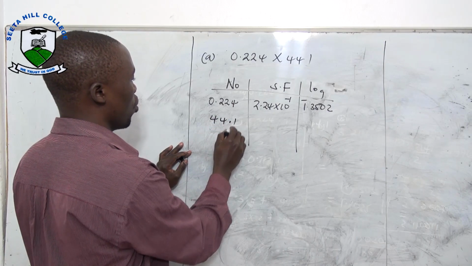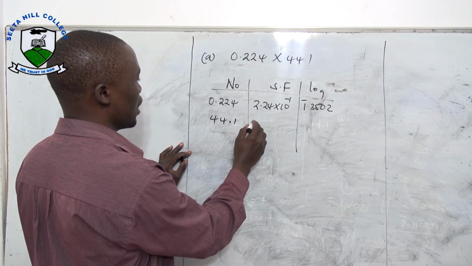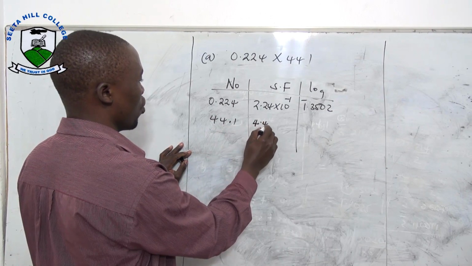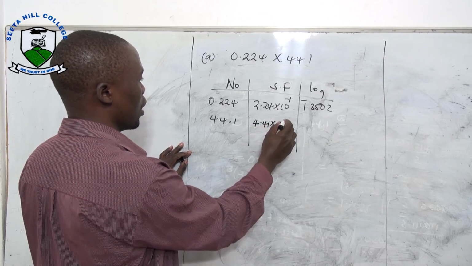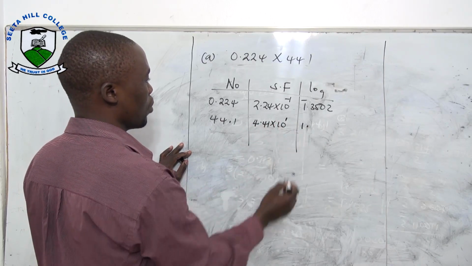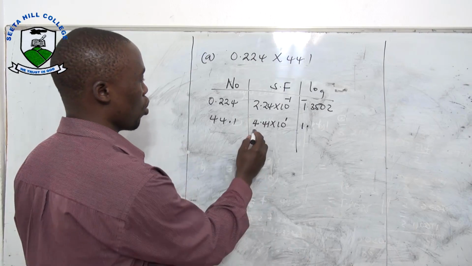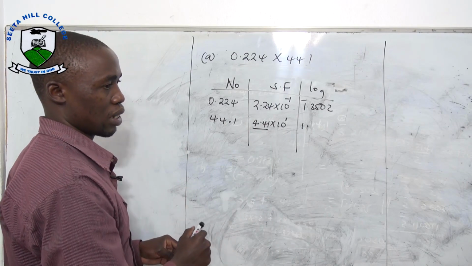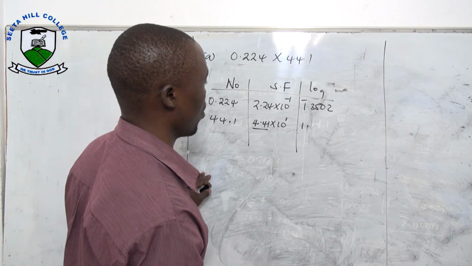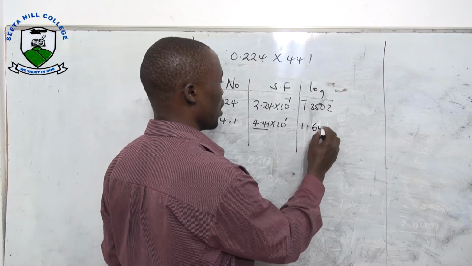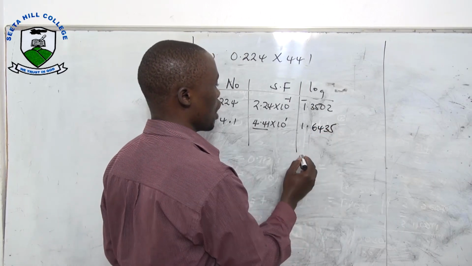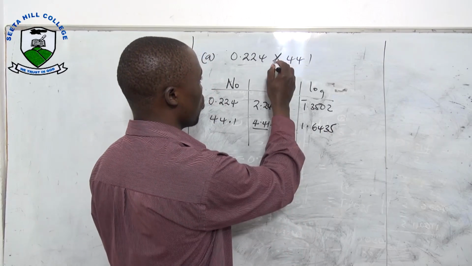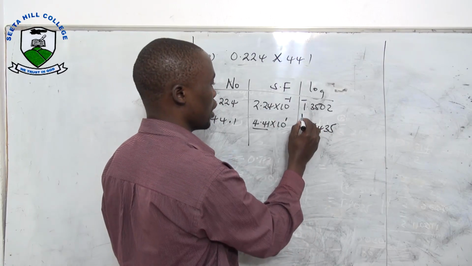4 point what? That is 4.41 times 10 to the power 1. Okay, it becomes, press the log of this. 64.35. Okay, now because of multiplication, we what?